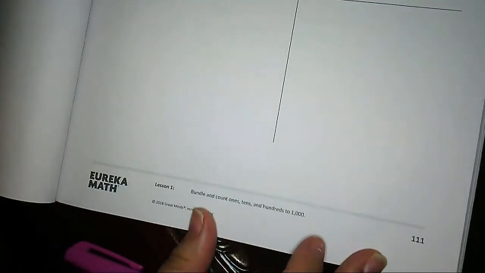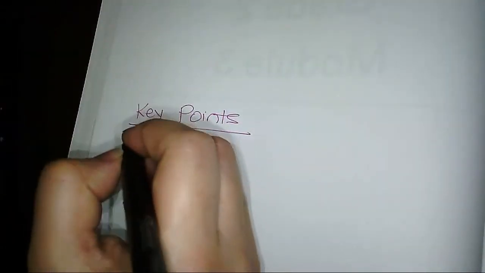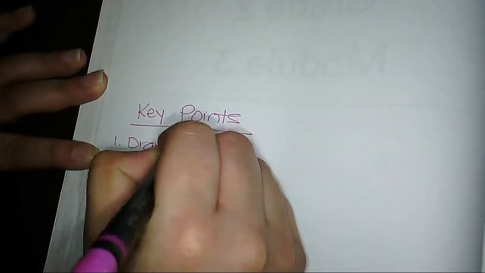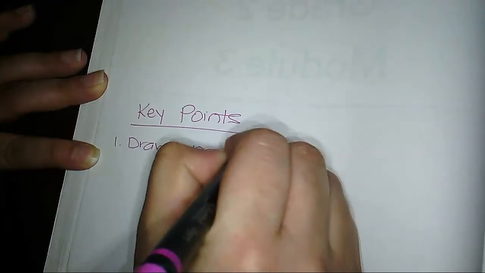So what we're going to practice is writing the key points on the side. The first thing that I write is key points. I write, you write, remember? Key point number 1 was draw place value chart.